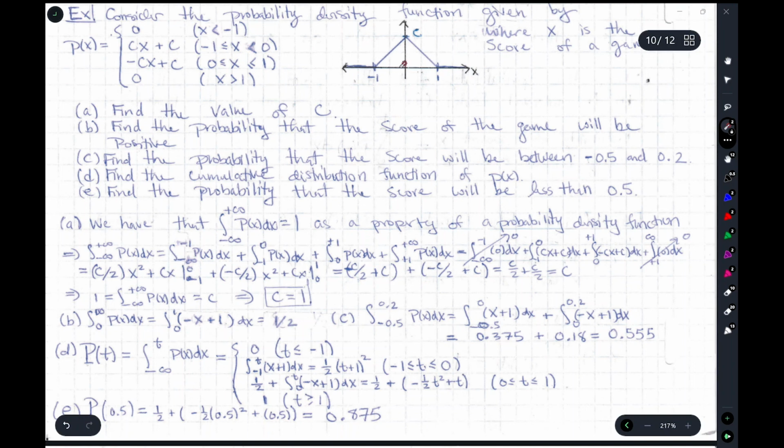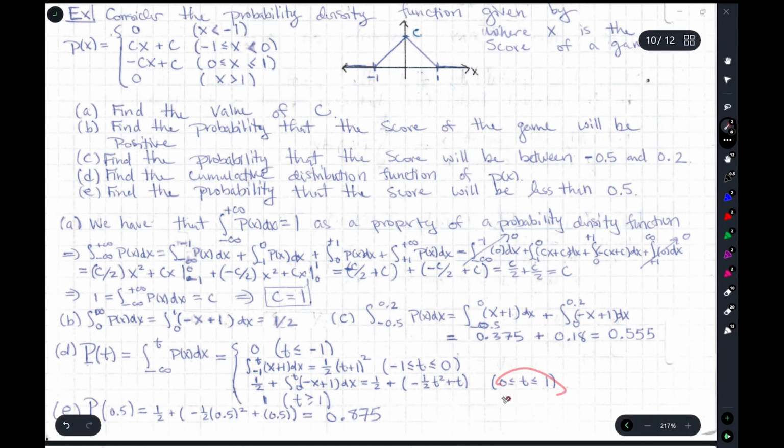If t falls somewhere between minus 1 and 0, then our integral will just have this x plus 1, because we found c was 1. We'll integrate from minus 1 to t, because everything from minus infinity is 0 anyway, and we'll get that for our cumulative distribution function.